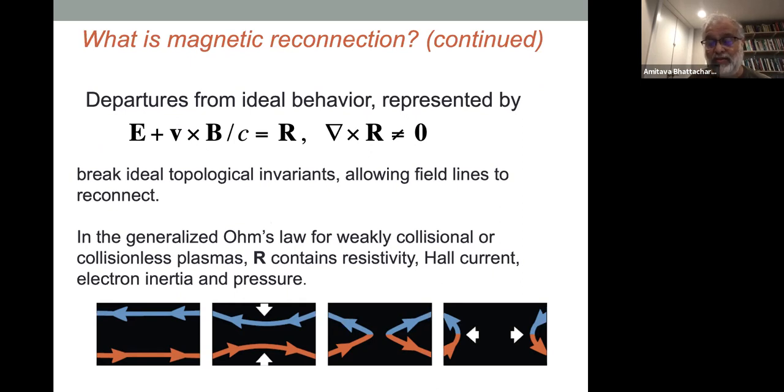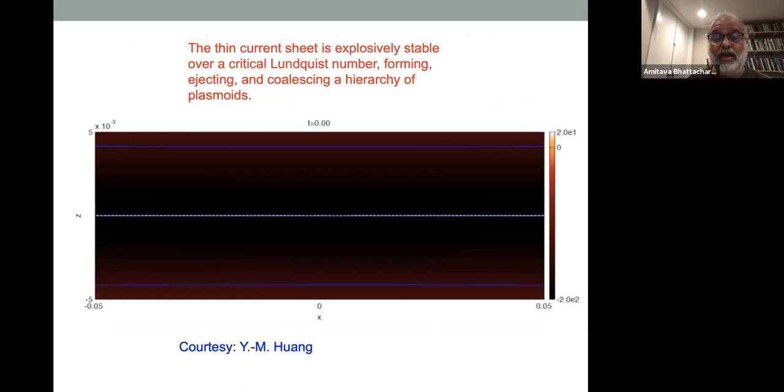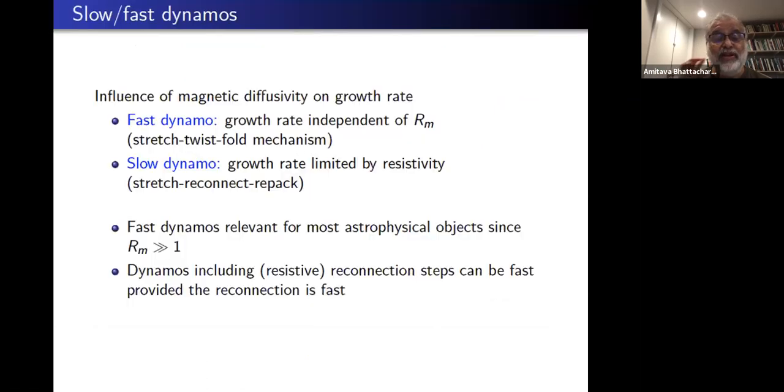So one of the ingredients of dynamo theory is that you must have reconnection occurring, which of course has to be tested case by case. But just for the purpose of this talk, we will assume that fast reconnection that is not too sensitive on resistivity is possible, no matter what the picture, be it resistive MHD or other collisionless mechanisms. And with that, I'm going to take a break and we'll get back into slow, fast dynamos.